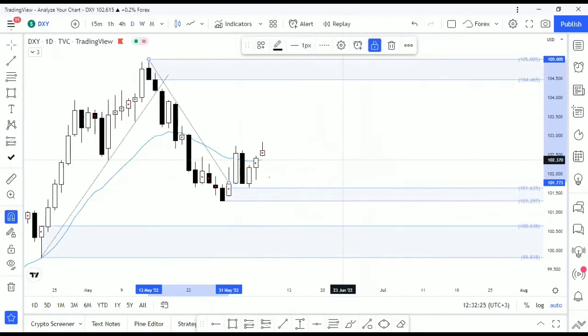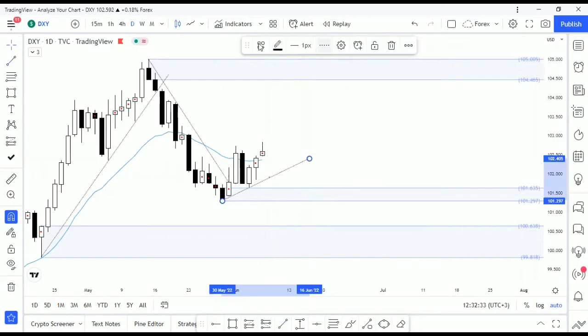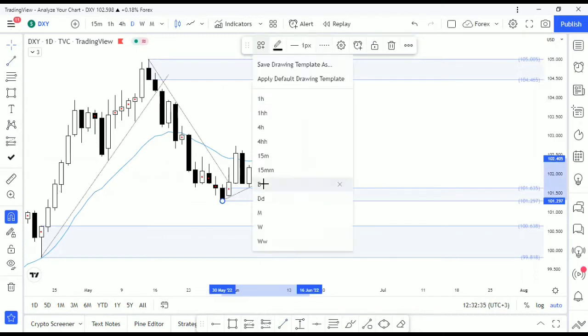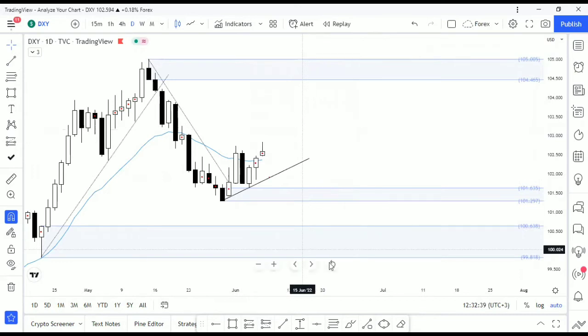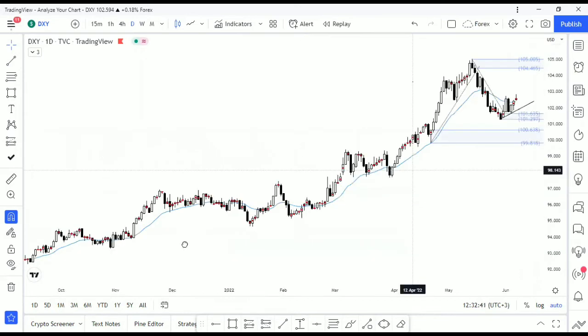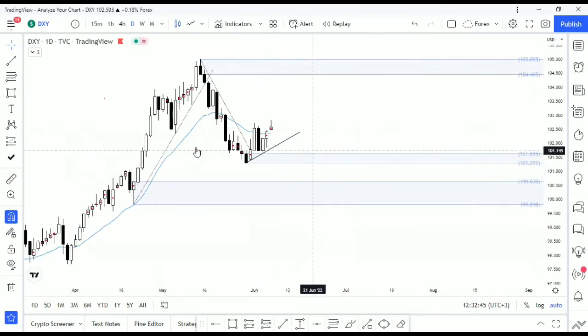We can connect these points over here. So price has started to create higher highs and higher lows. So it's a nice signal telling that the daily trend has already started to shift, from bearish to bullish.